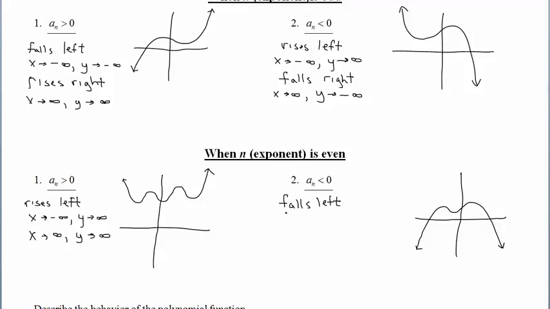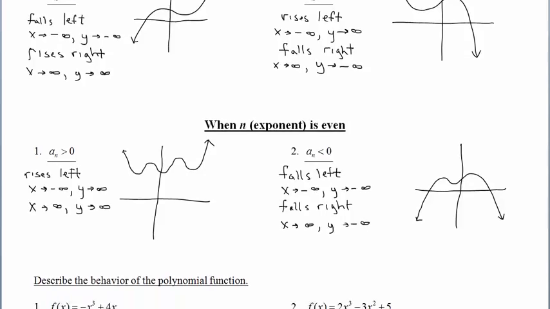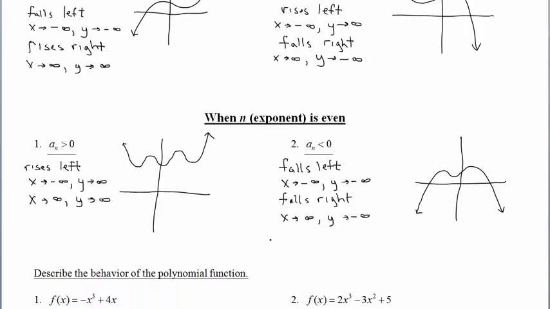The description of falls left: x goes to negative infinity, y goes to negative infinity. Falls right: as x goes to positive infinity, y also goes to negative infinity. So that's how we're going to describe the behavior of a graph.